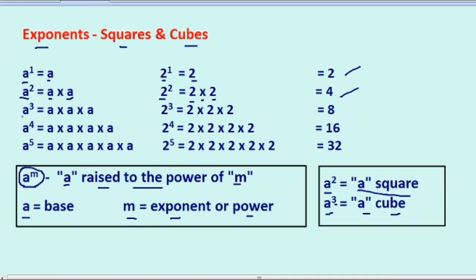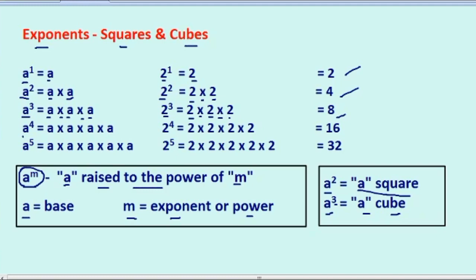Then a raised to the power of 3 will be a into a into a. For example, 2 raised to the power of 3 will be 2 into 2, 4 into 2, 8. The answer will be 8.